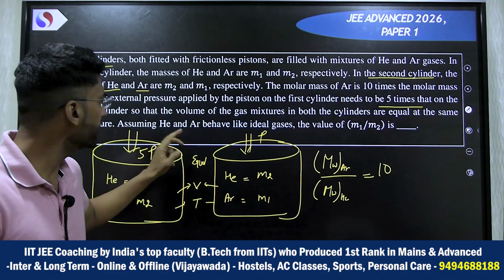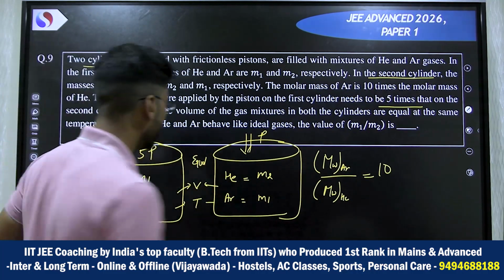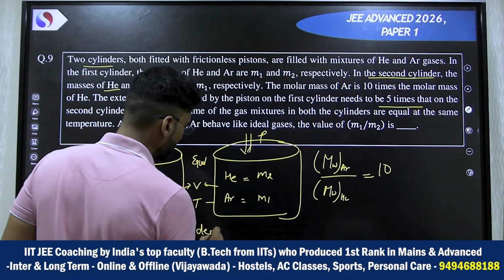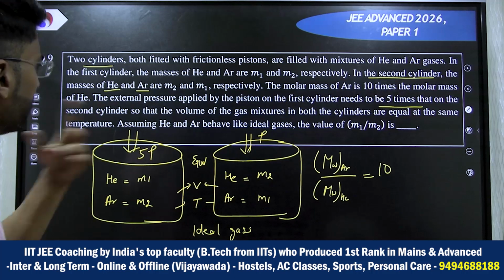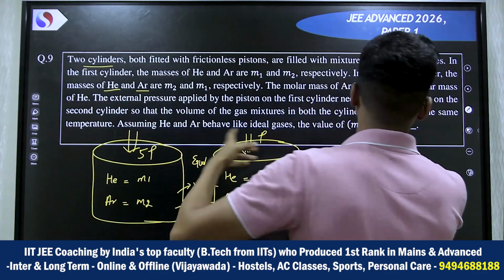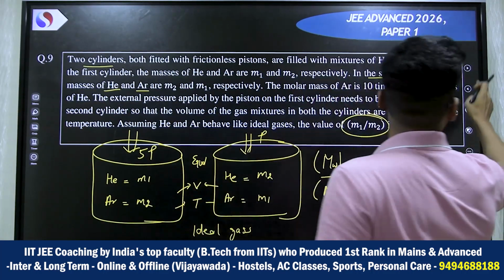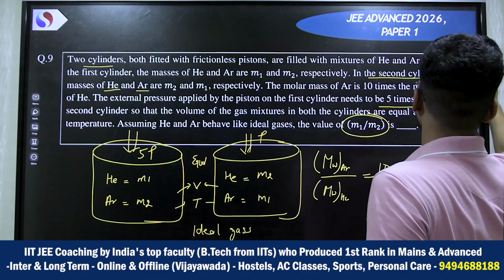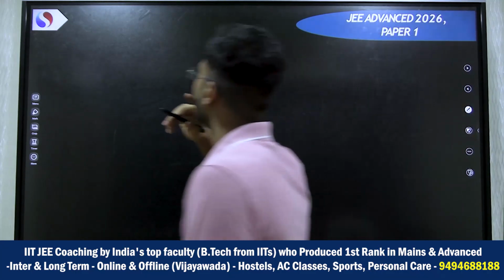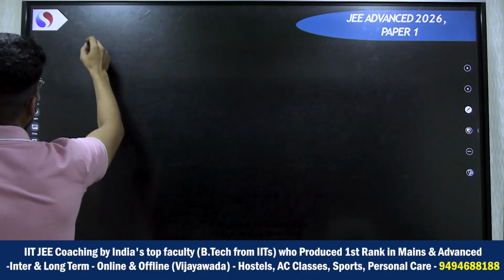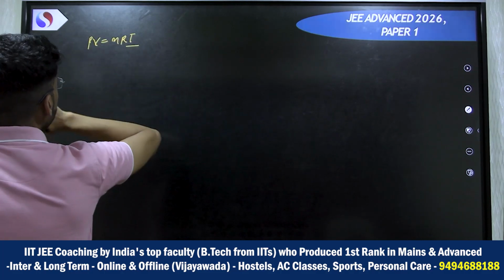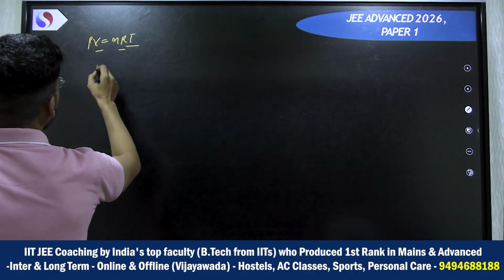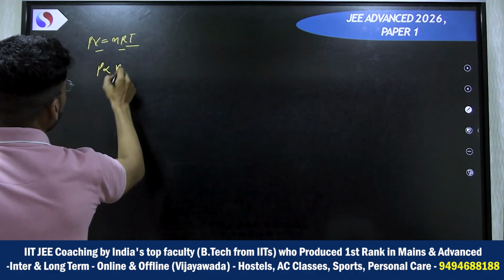Assuming that helium and argon behave like an ideal gas, how simply can you solve this question? Everything is given. You have to calculate the value of M1 by M2. I know that for an ideal gas, PV equals nRT. Temperature is constant, volume is the same, R is constant, so P is directly proportional to n.